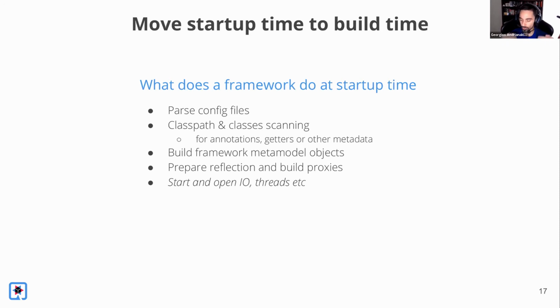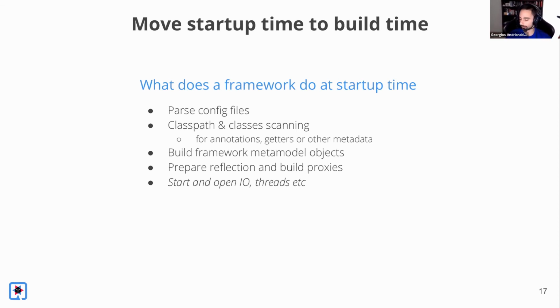But with Quarkus, we move a ton of stuff into build time. So when you're doing that MVN package or the Gradle build or whatever, instead of delegating all the heavy lifting of a framework to runtime, we actually do all that stuff at build time. What does that mean, right? In practical terms, that means that we go ahead and scan the entire class path, because at build time we know what the class path is, right?